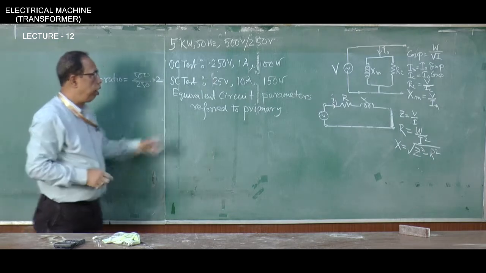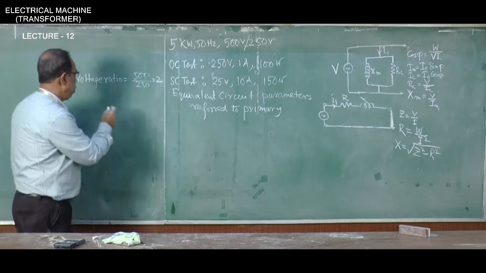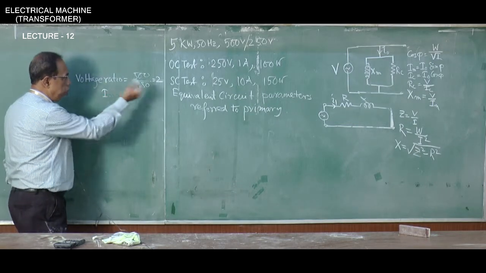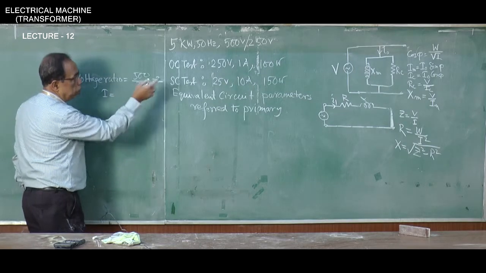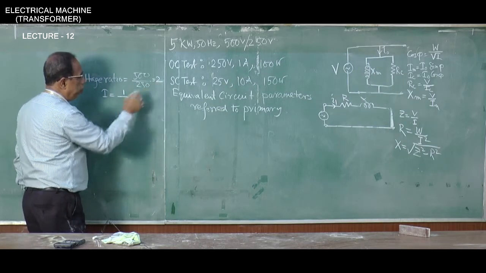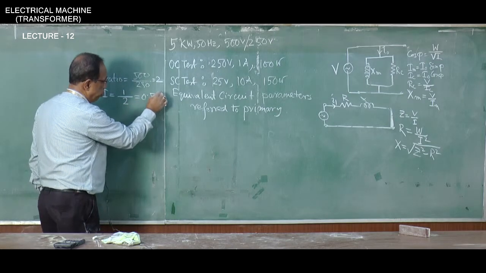So, the current at 250 volt, secondary side, is 1 ampere. The actual current on the 500 volt side will be this 1 ampere divided by the turns ratio, that means 0.5 ampere.